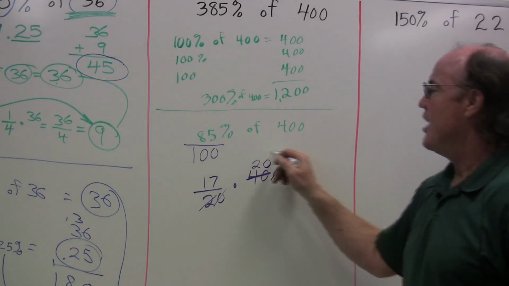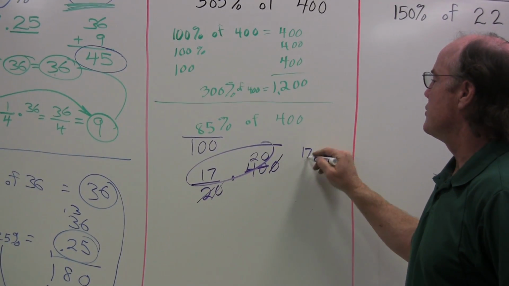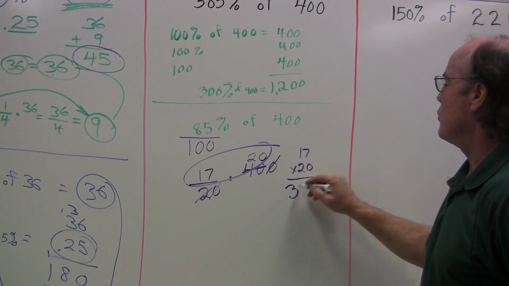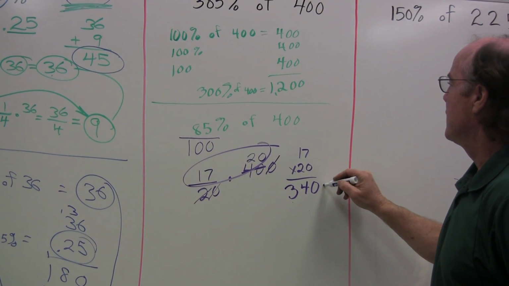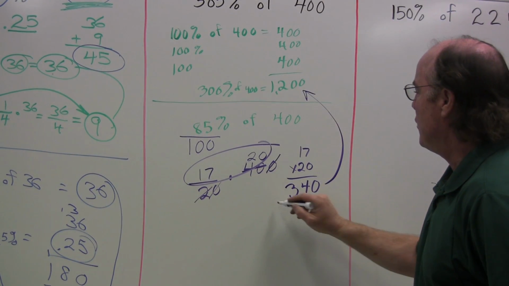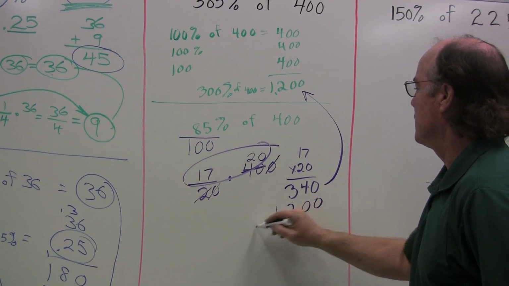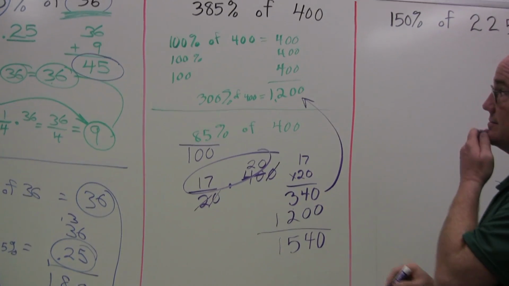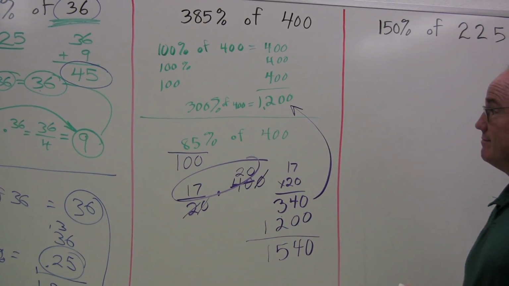20. And so what we have left is 17 times 20, which is 340, added to 1,200, and we get 1,540. Now that's one way to do it.